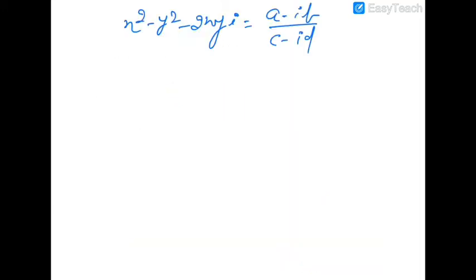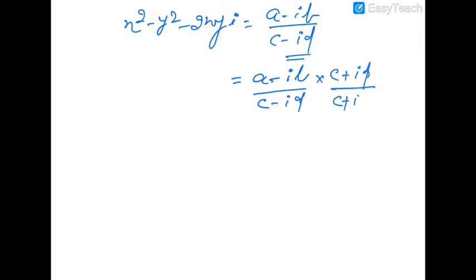In this step, multiply by the conjugate of this. So we'll be writing (a minus ib) upon (c minus id) multiplied with (c plus id) upon (c plus id).